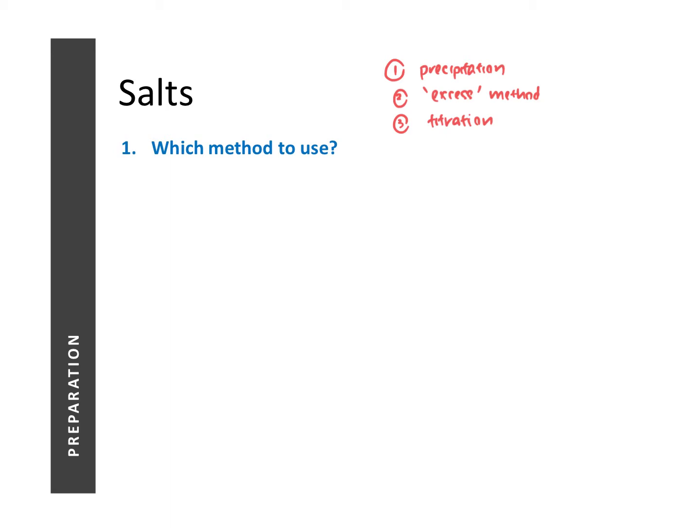Okay, so how do we know which method to use? It is this: we have learned previously that salts can be soluble or they can be insoluble. Okay, how do we know whether a salt is soluble or insoluble? We need to use the 5 rules. Now for insoluble salts, they can only be prepared by precipitation.